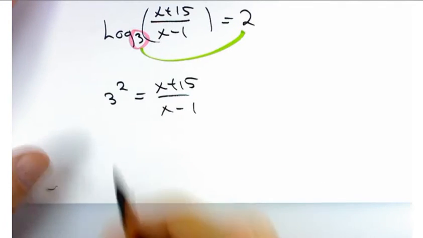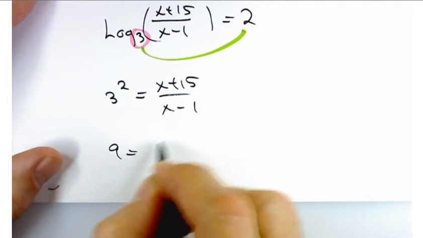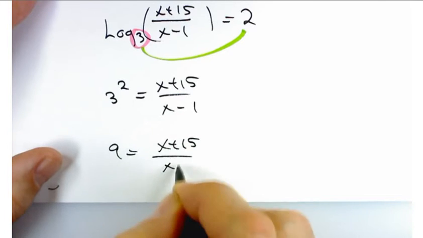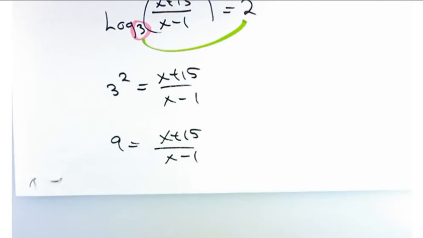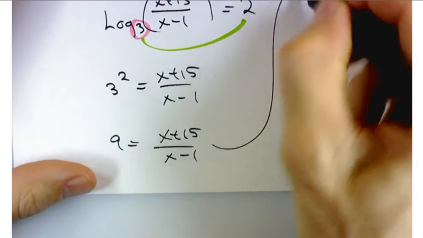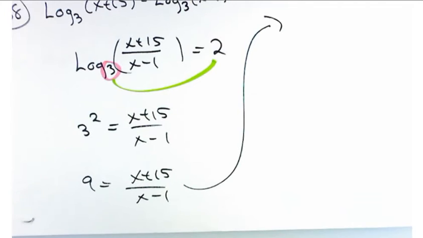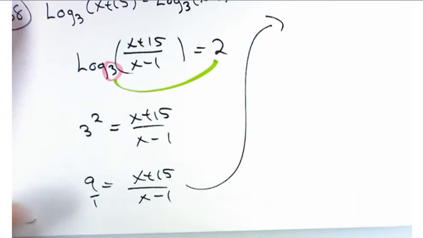So essentially, I've got 9 equals x plus 15 over x minus 1. Thank you. How are you going to solve this? Yeah, you can think of this as being, say, 9 over 1, and then cross multiply. Sure.